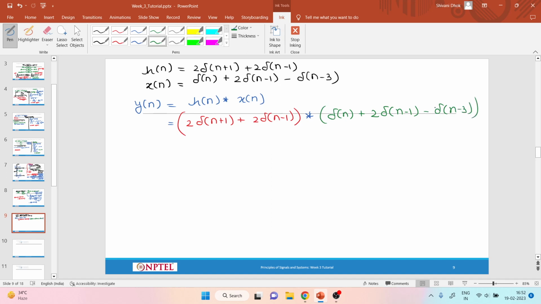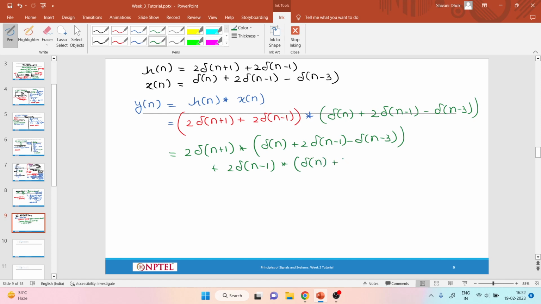Now I'll use the distribution property of convolution. So this I can write as 2 times delta n plus 1 convolved with delta n plus 2 times delta n minus 1 minus delta n minus 3 plus 2 times of delta n minus 1 convolved with delta n plus 2 times delta n minus 1 minus delta n minus 3.